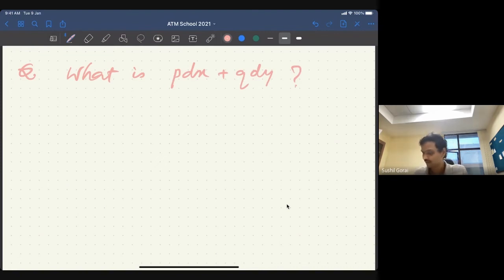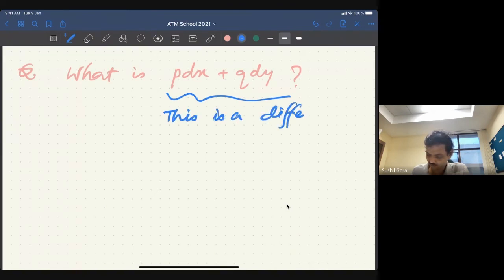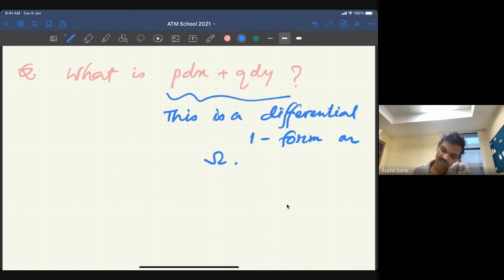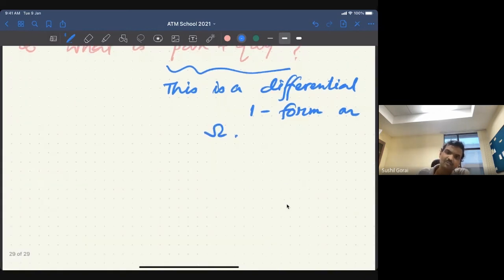Do you know what it is? This is a differential one form on omega.